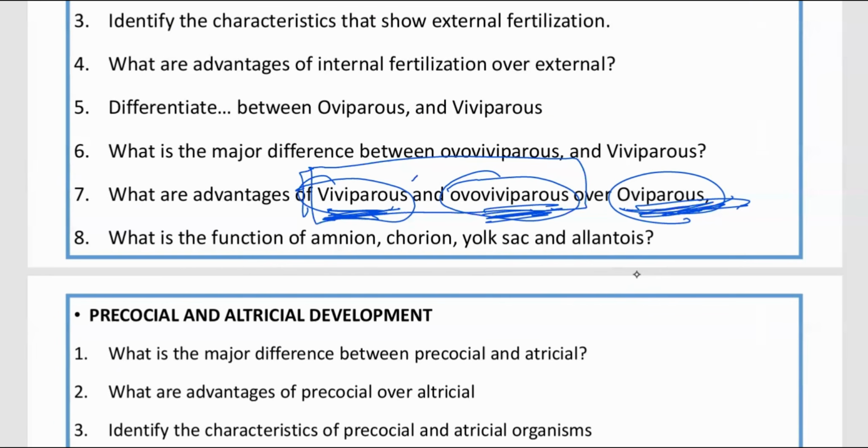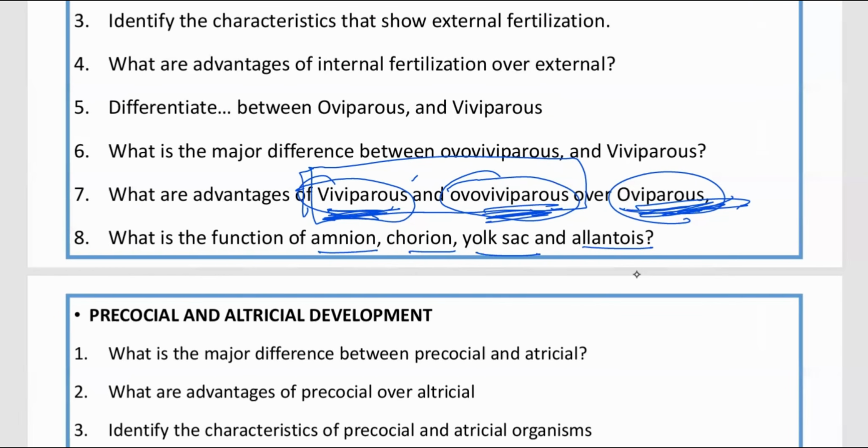They are asking what is the function of amnion, chorion, yolk sac, and allantois? We call these amnion, chorion, yolk sac, and allantois extra embryonic membranes. So if they bring a terminology asking you about those, we call them extra embryonic membranes.